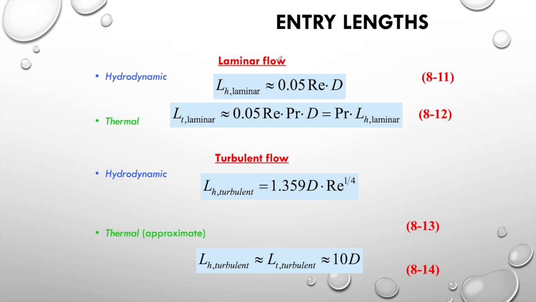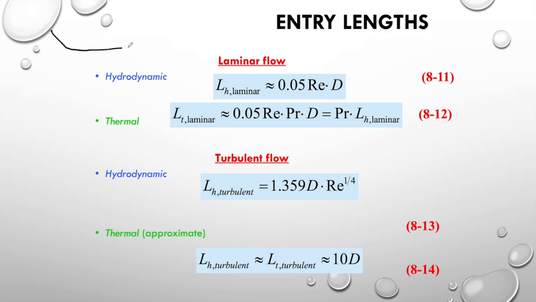If you want to calculate the entry length for the laminar flow, after you get your Reynolds number you compare with 2300. If your Reynolds number is below 2300, that is laminar flow. We know that in laminar flow, there are two regions: either it is fully developed laminar flow or developing laminar flow, developing entrance region.